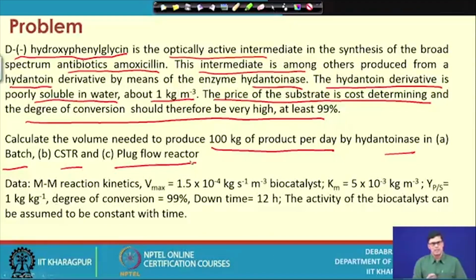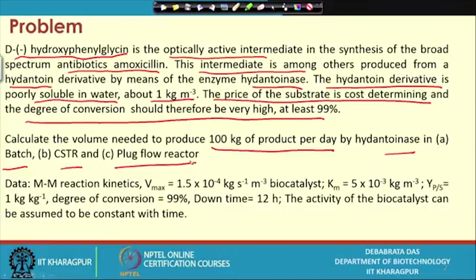One of the design criteria should be the minimum size of the reactor. Why minimum size? Because if the size of the reactor is minimum, then the cost involved in the process will also be minimum.